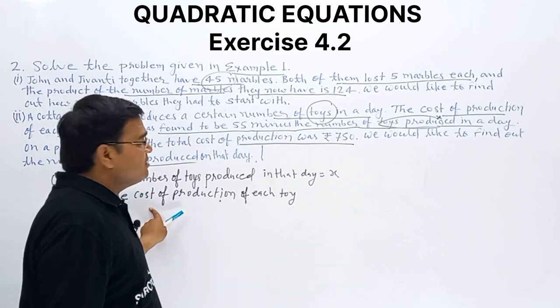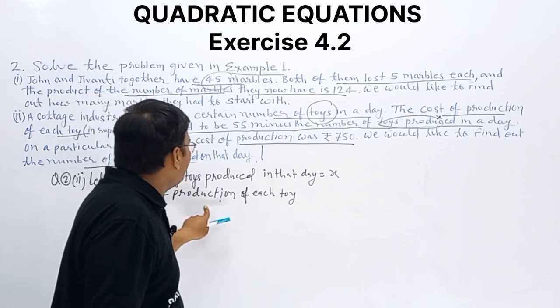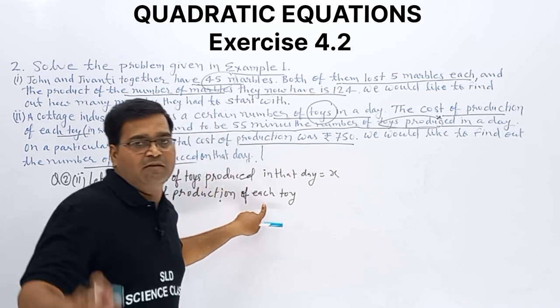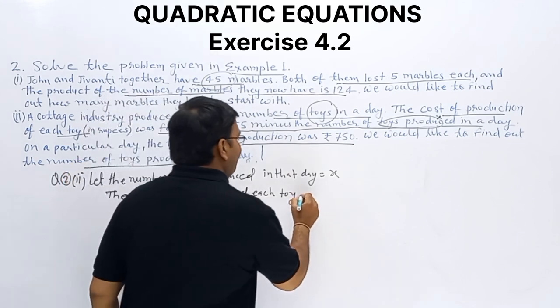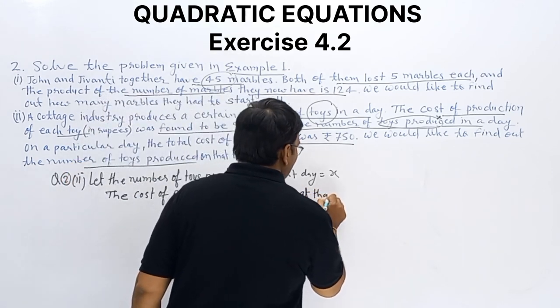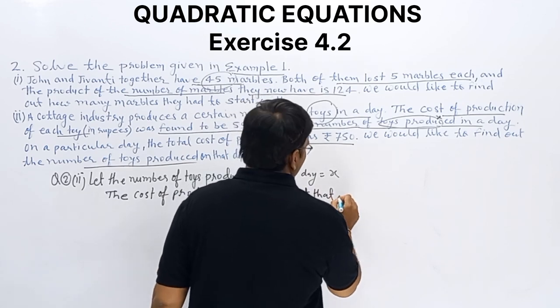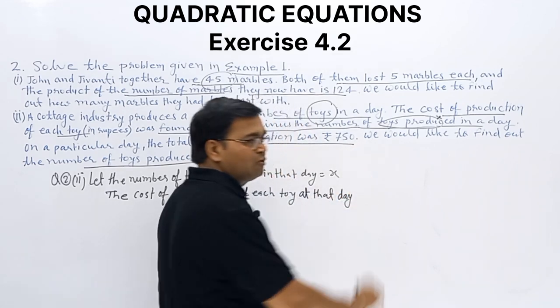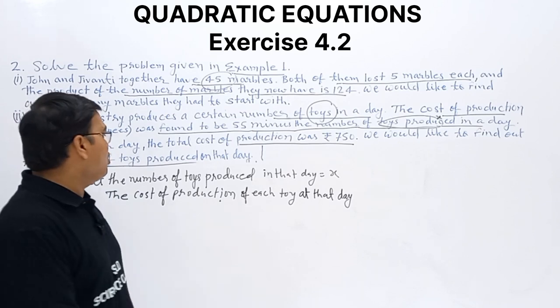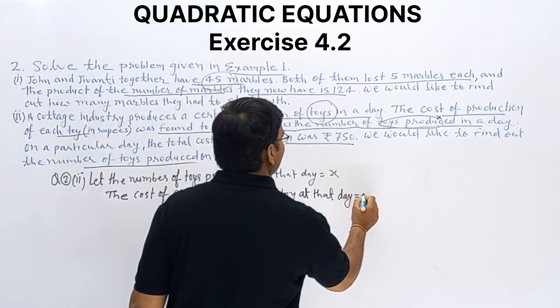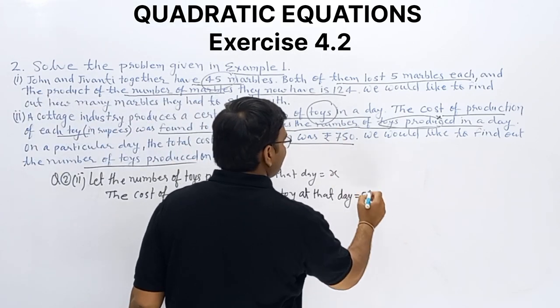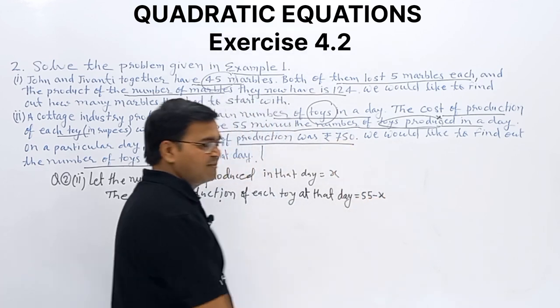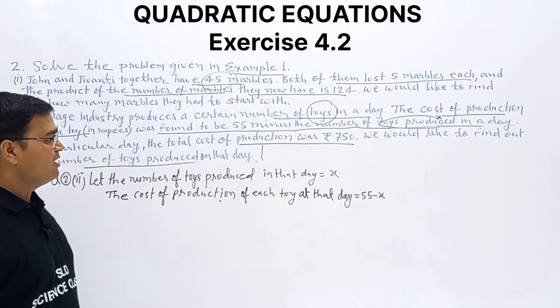But what we are writing is the cost of production of each toy at that day, the cost of the toys produced that day. We are assuming, given in the question, 55 minus X. Clear?